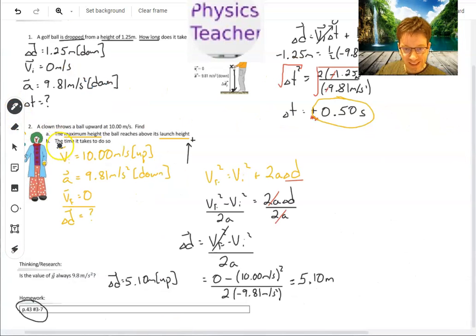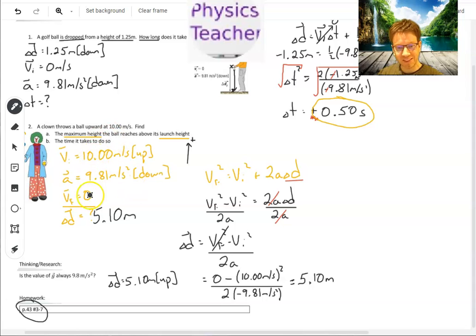So part B says find the time it takes to do so. So the time it takes to go from when the clown throws the ball up until its maximum height, which we solved to be 5.10 meters. Now that we actually have displacement, we can use any of those 5 equations that have time in it.